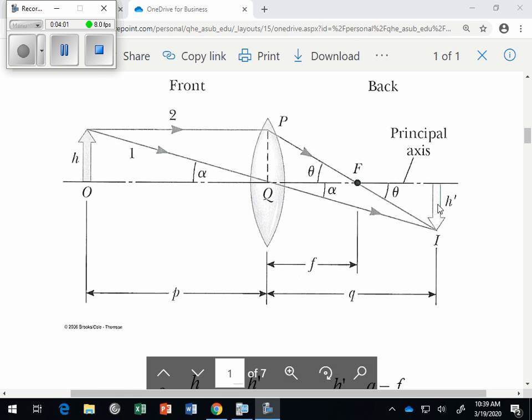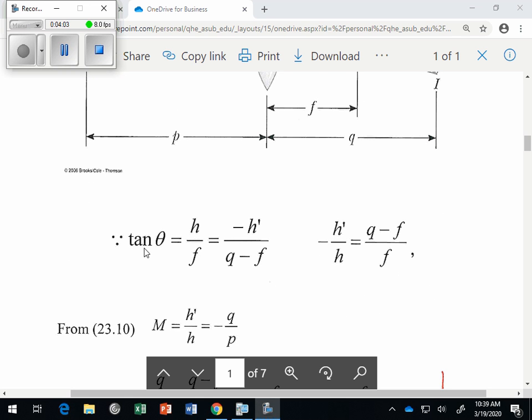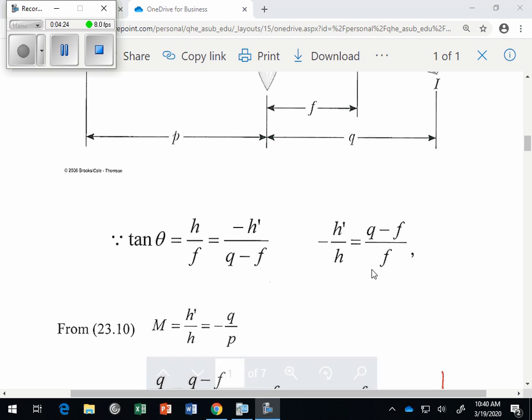We call it inverted. So tangent theta equals h over f, and also equals negative h prime over q minus f. So now we will work some math. For example, we divide by h on both sides, then we multiply by q minus f on both sides, so we're going to have this.